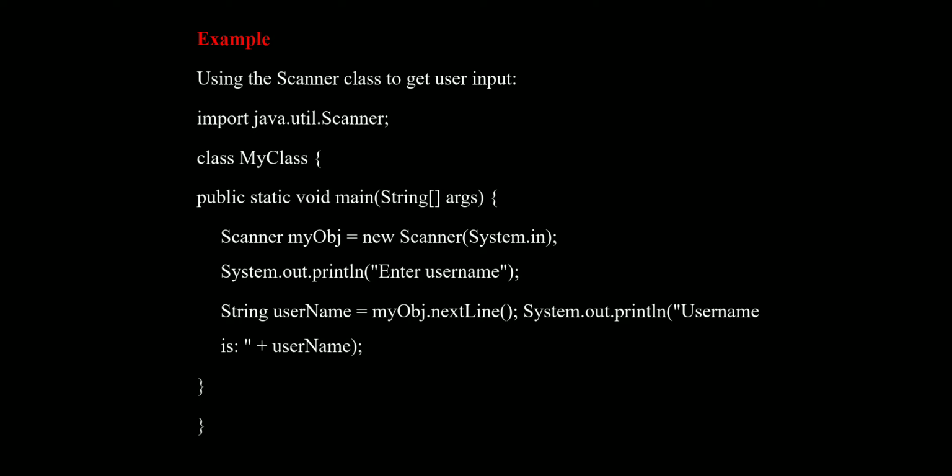After importing, we write the class, that is class MyClass. In MyClass we write a main method. In the main method we create an object with the help of Scanner.